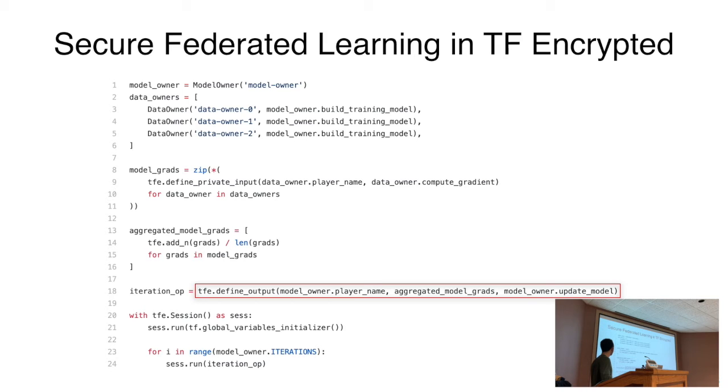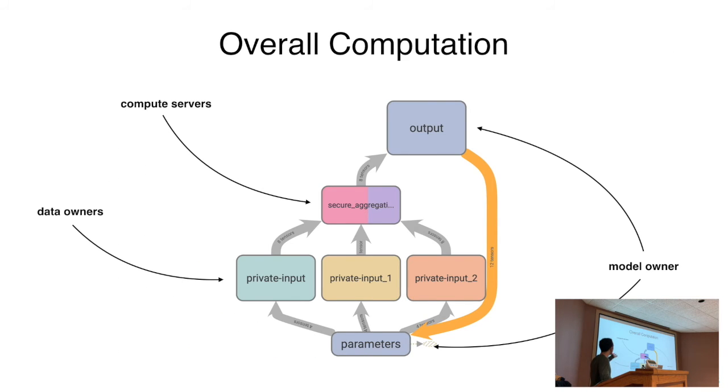And then essentially this is what you see, where you have the parameters initialized, you broadcast them to the different parties, they each run the model, so this private input is actually a full run of the model, and then it produces the update that they would make to the model to make it better.